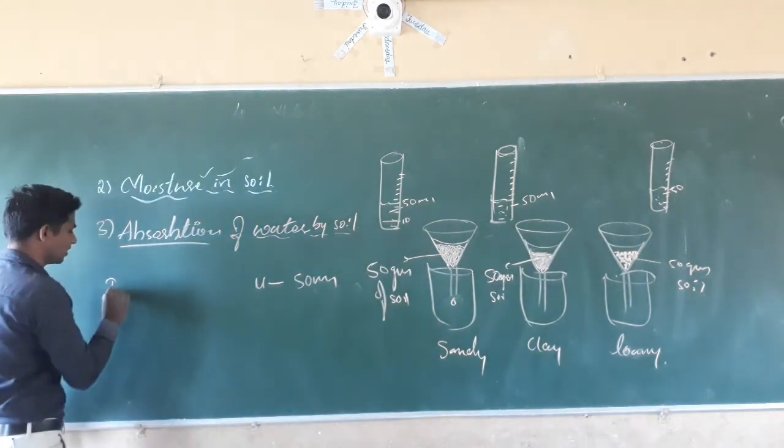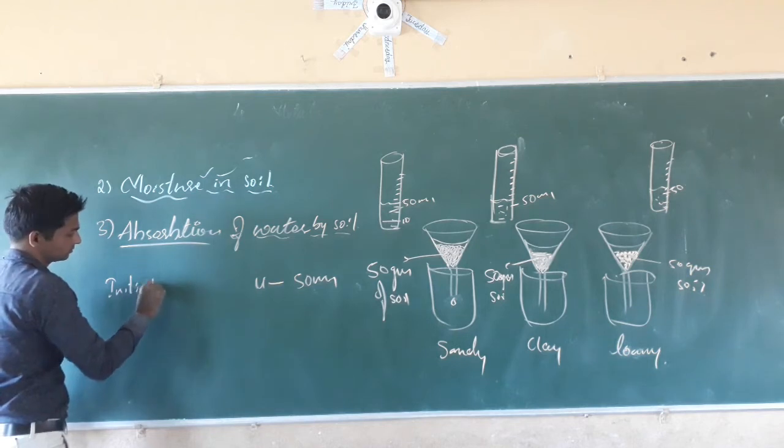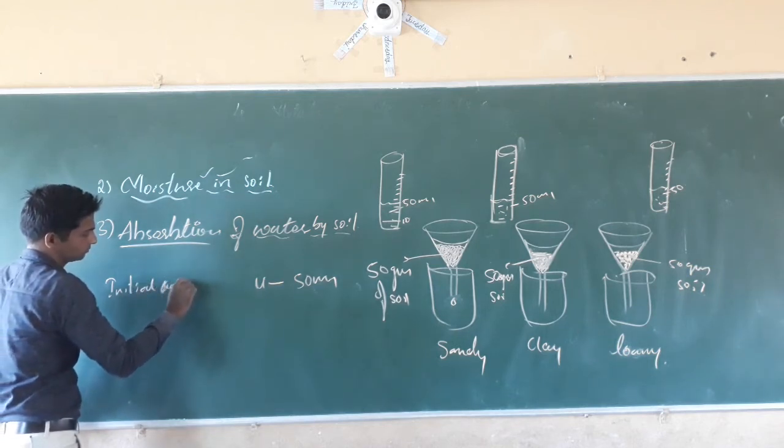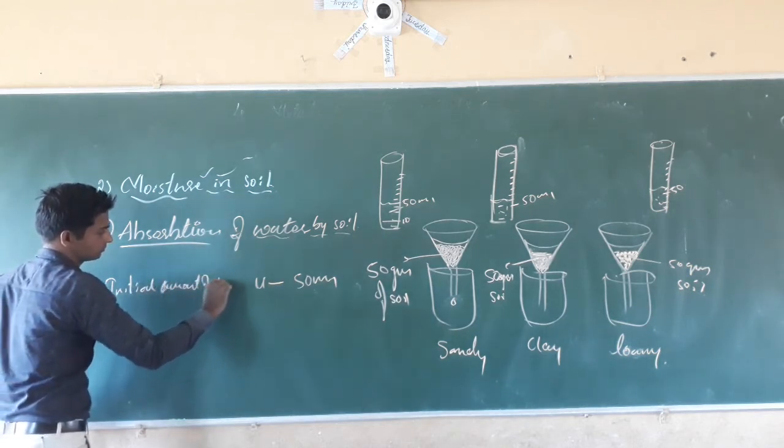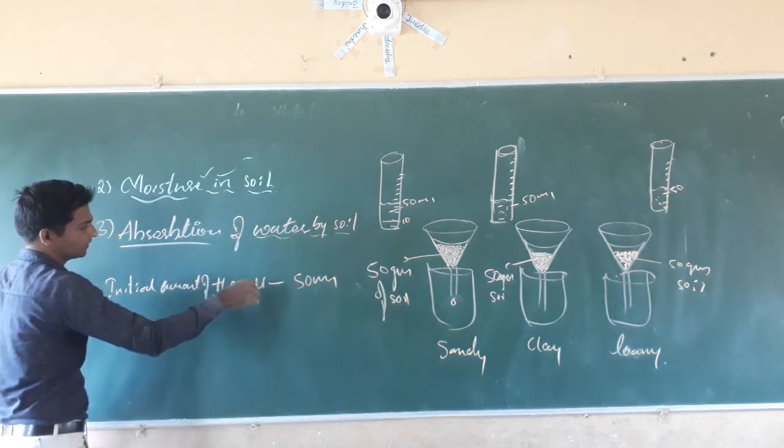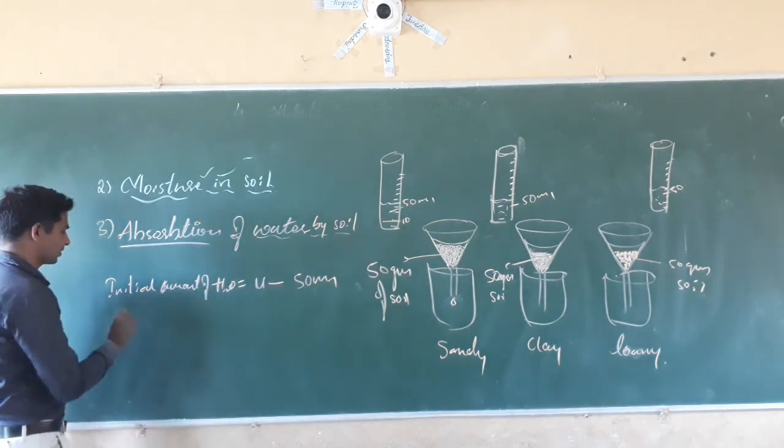See, initial amount of water is equal to U, which is 50 ml.